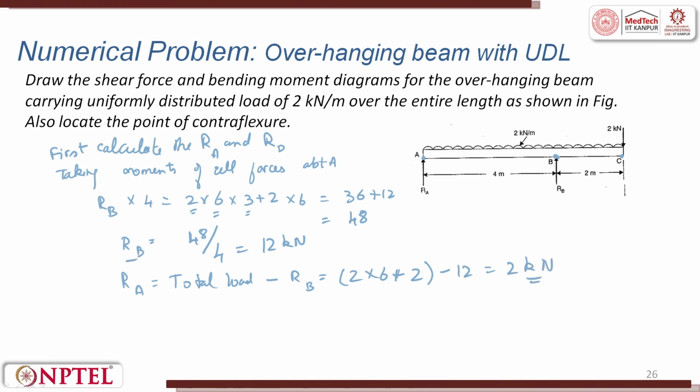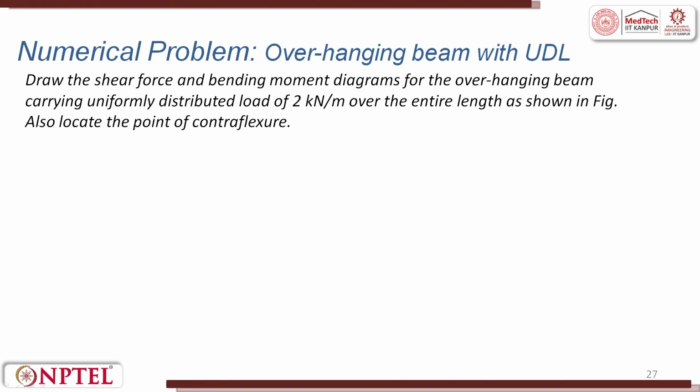So, now you have found RA and RB. Now let us try to draw the SFD, shear force diagram. So, shear force at A will be equal to the reaction force, which is plus 2 kilonewton.